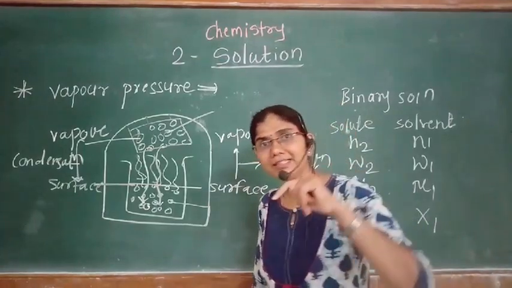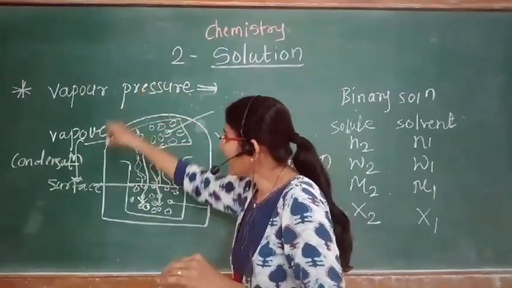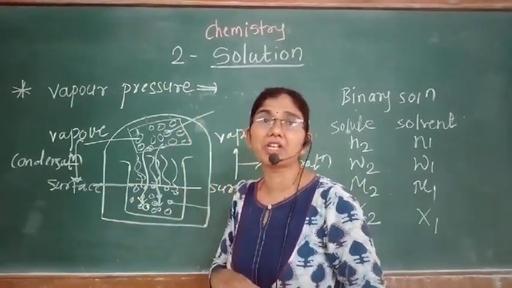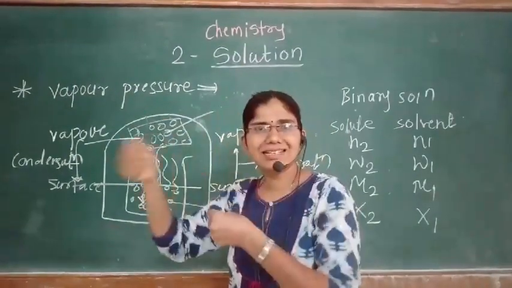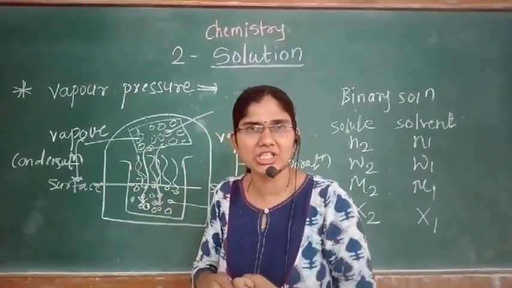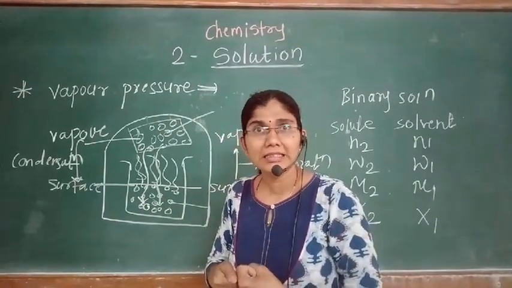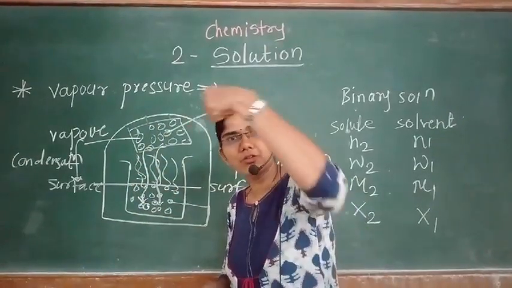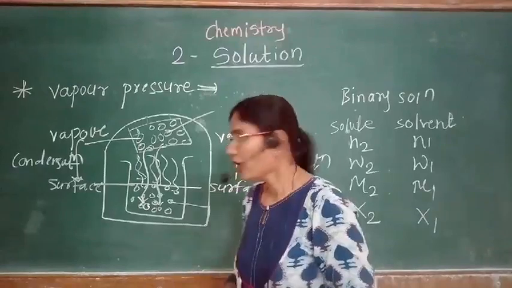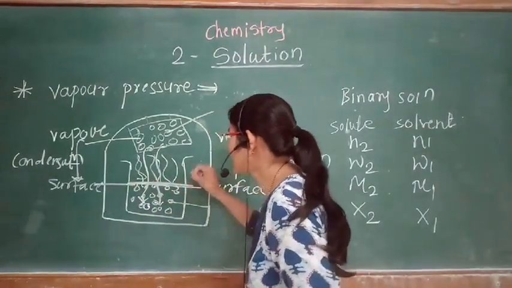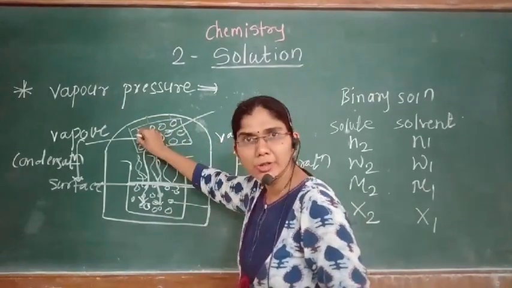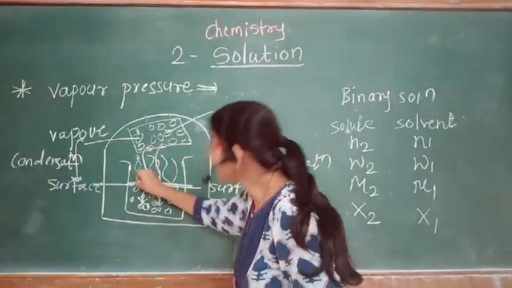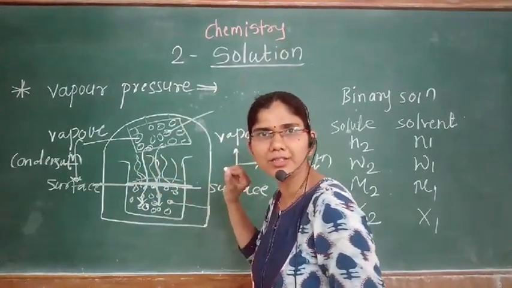But when the vapor molecules return back into the surface, they exert a pressure, because in the gaseous state they have a higher kinetic energy, and with that kinetic energy they return back into the surface, and therefore they exert a pressure on the surface of the liquid.